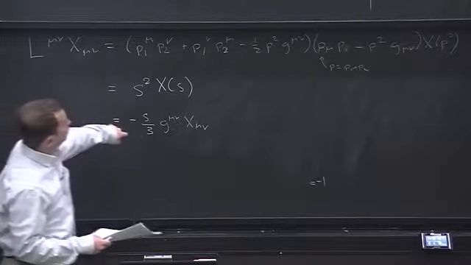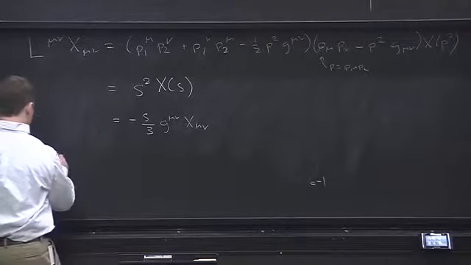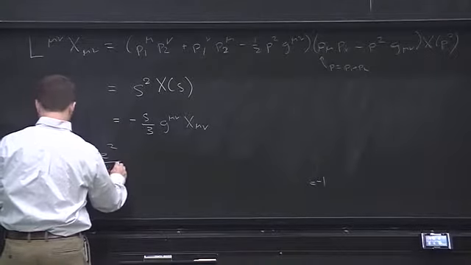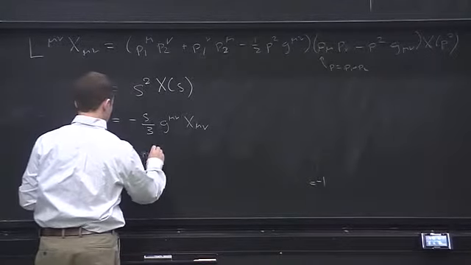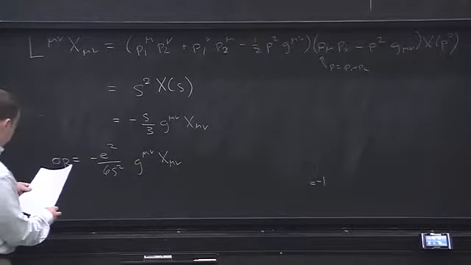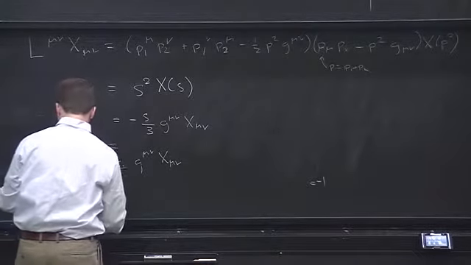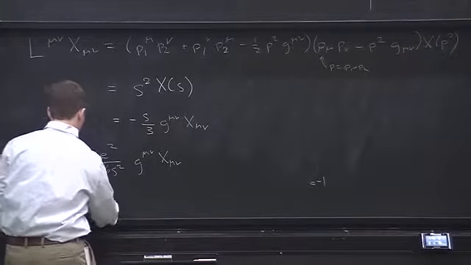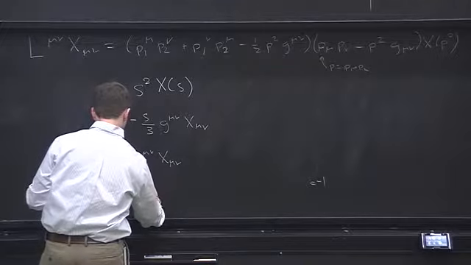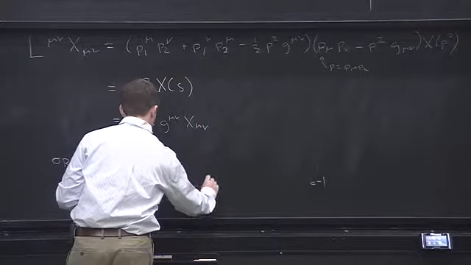Plugging this into our result for sigma r tells us that sigma r is just some prefactor times g mu nu x mu nu. So we can write this as sigma naught is minus 2 pi over s e squared g mu nu x mu nu.